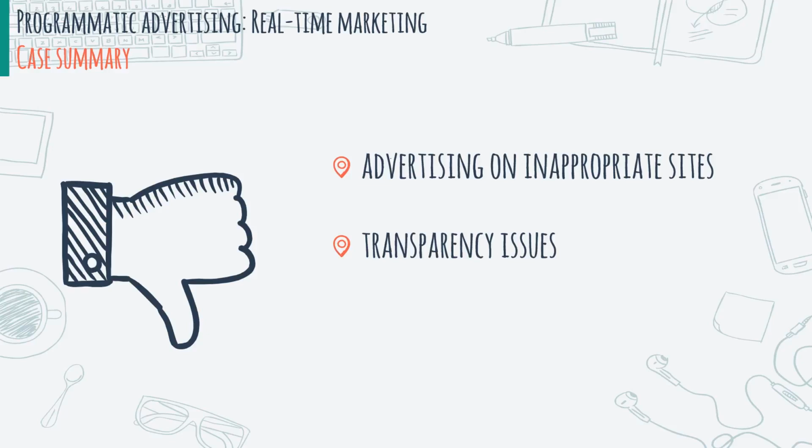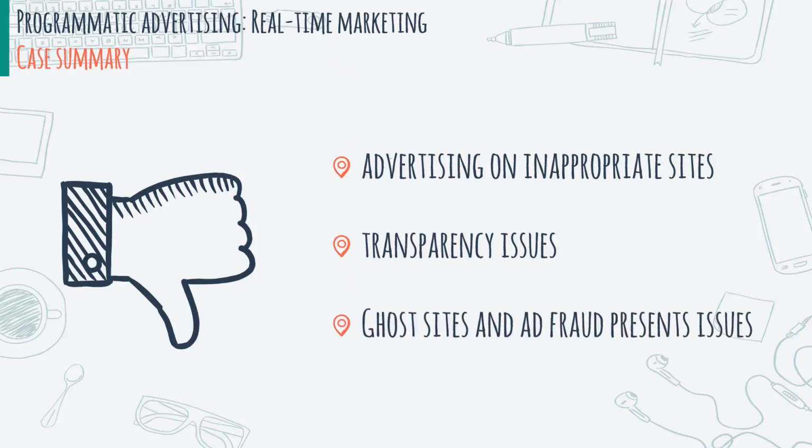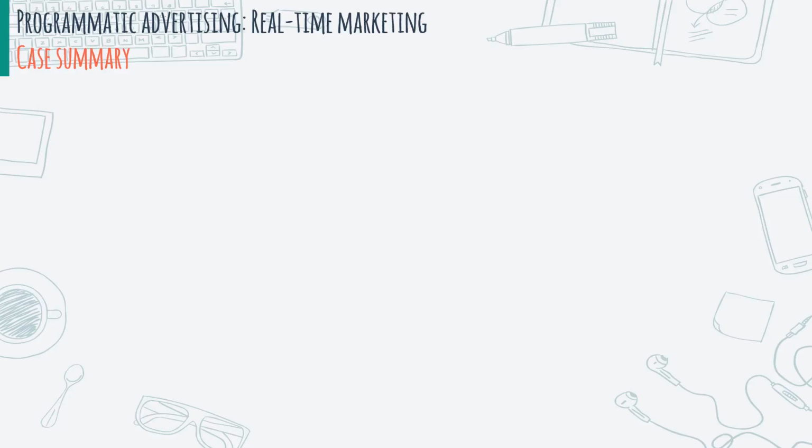This is a transparency issue. Third, ghost sites and ad fraud present another issue. Despite the risks, many advertisers start to use programmatic advertising because advertisers are continuously improving their abilities to avoid inappropriate websites, purge ghost sites, and learn how to detect click fraud.